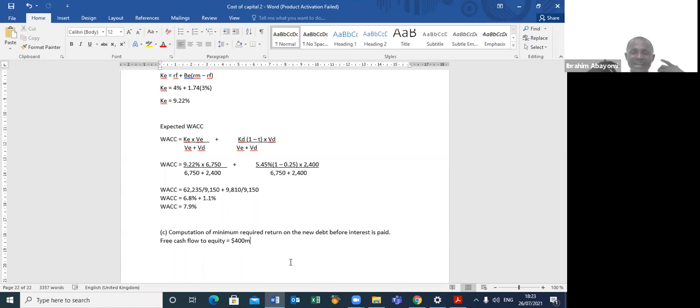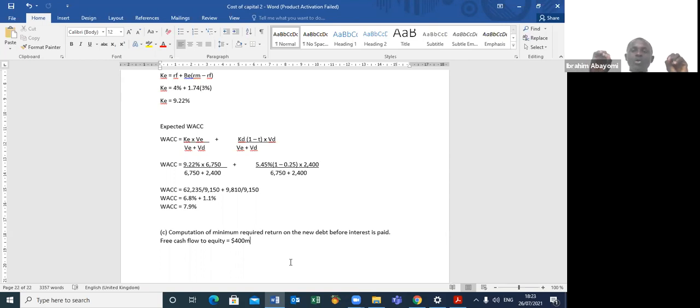You have made all necessary provisions for replacement of assets. You have made provision for working capital. The cash flow left with you after all this is what we call free cash flow. That free cash flow can be divided into two. You can have free cash flow to equity holders. You can have free cash flow to the firm.